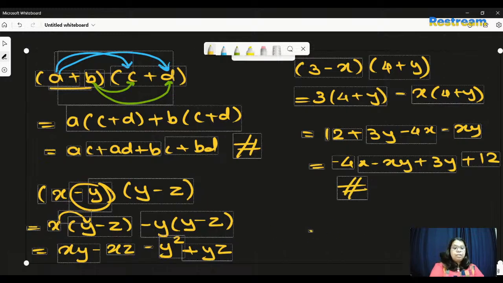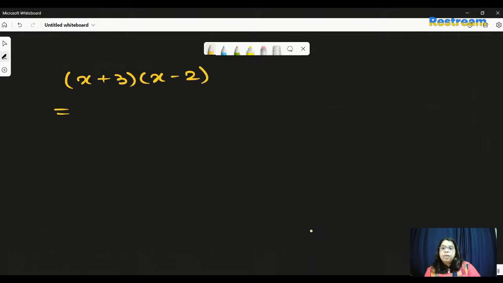So let's do few examples before we continue with evaluation. So one more example. Let's say this is x plus 3 into x minus 2. Okay. So x into bracket x minus 2 plus 3 into bracket x minus 2.